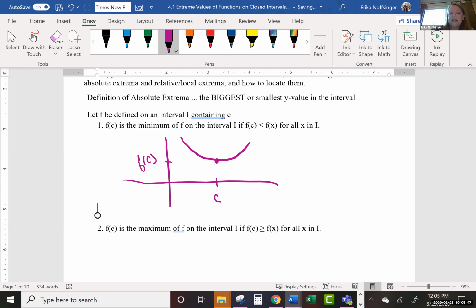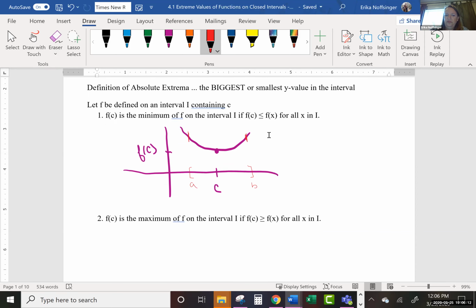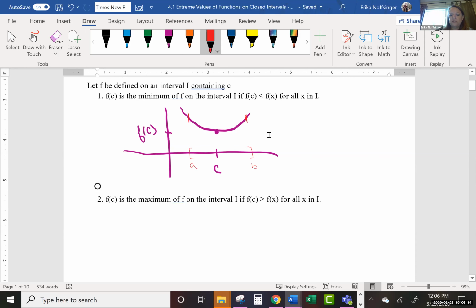It's telling us that on our interval, and so maybe we have it from A to B, that f of c has to be less than or equal to all the other y values for x in that interval. So that's the formal definition of a minimum point.